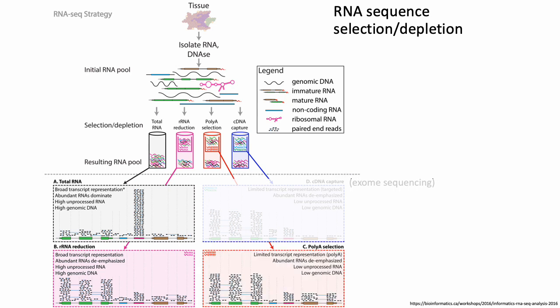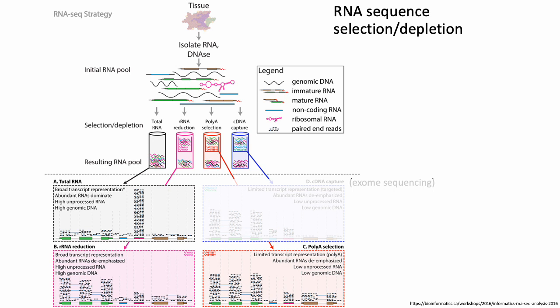So in contrast to total RNA or the ribosomal RNA reduction strategies, poly A selection is relatively specific. And so here the idea is that the vast majority of protein coding genes have poly A tails on their mRNA.